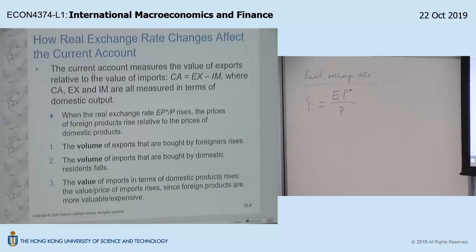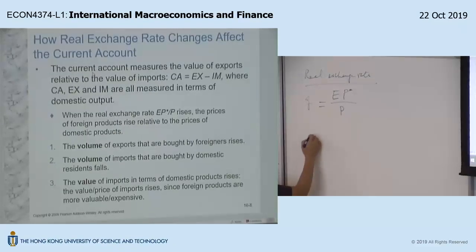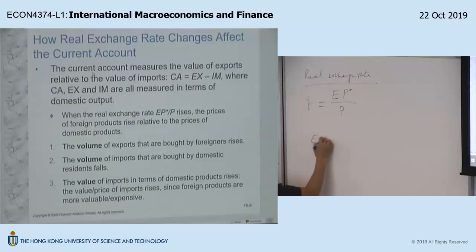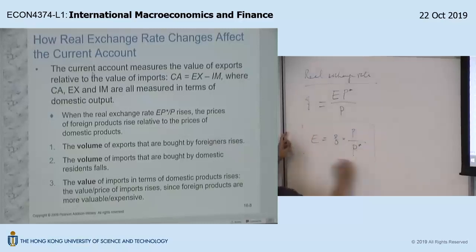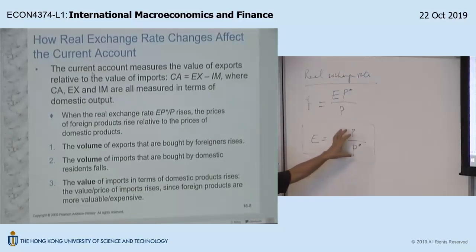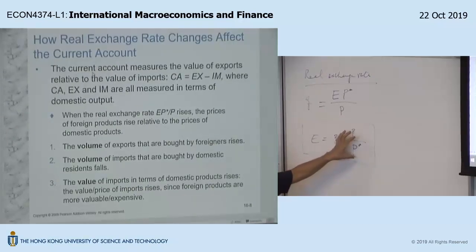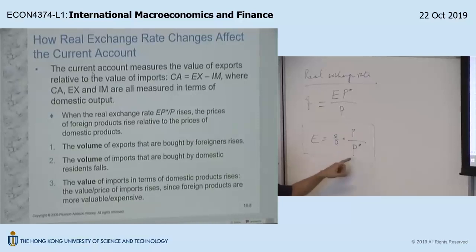The way I remember this is I first think about it and then rewrite it this way. Why do I think this is easy to remember? Because I know that E is Q multiplied by a relative price. But whether this is P star over P or P over P star, we oftentimes get confused.